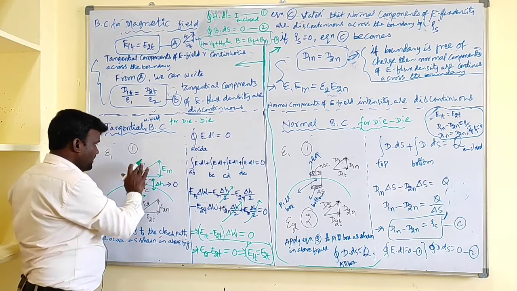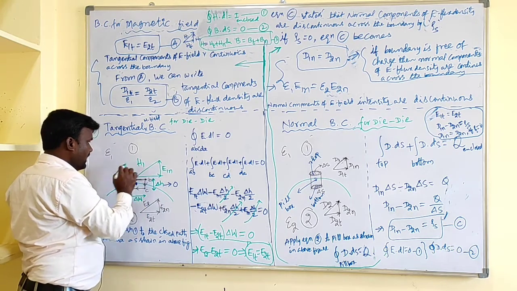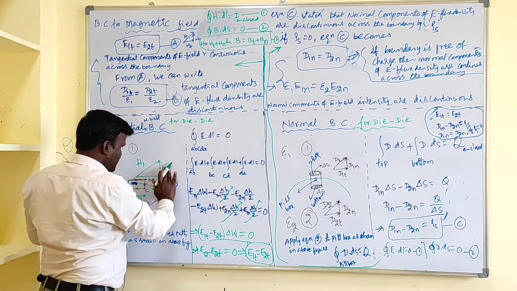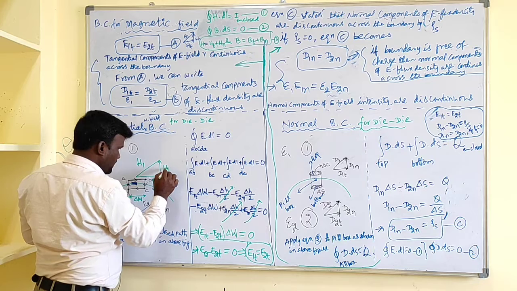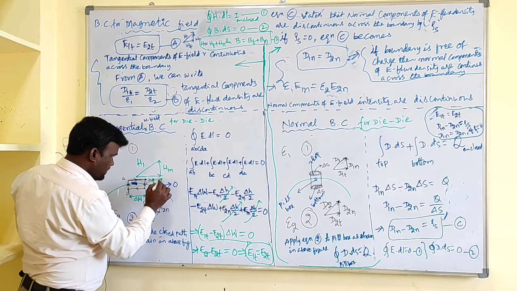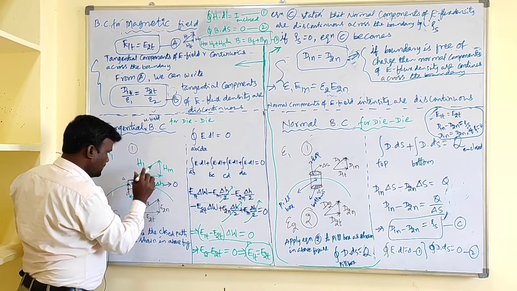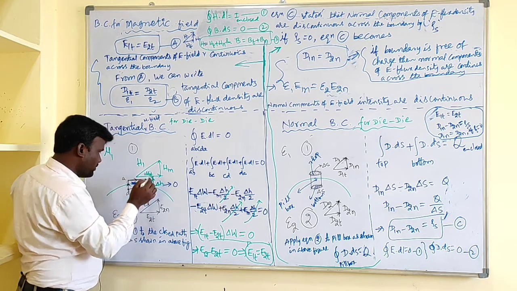As it is the magnetic field, E1 should be replaced with H1 and epsilon 1 should be replaced with mu1. For H1, it has the normal component H1n and the tangential component H1t, tangential to the boundary.